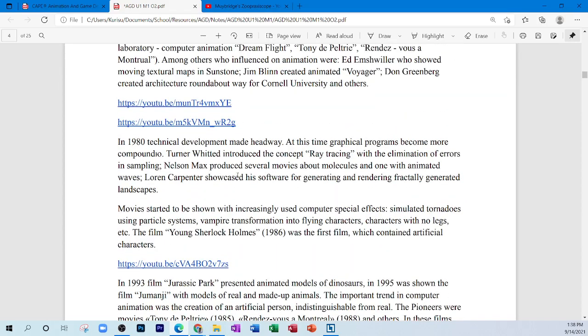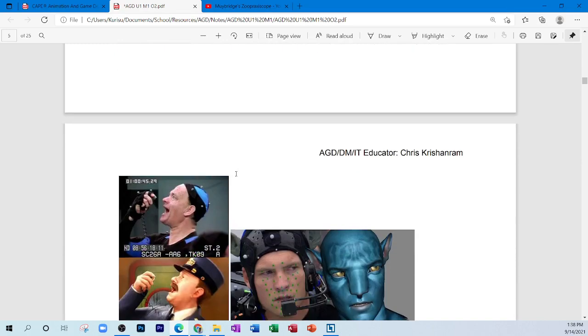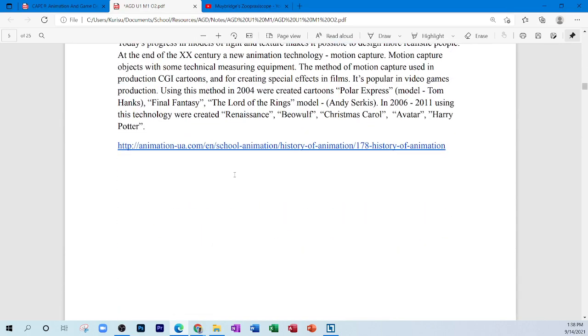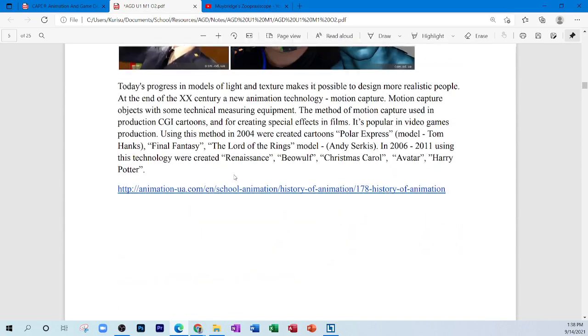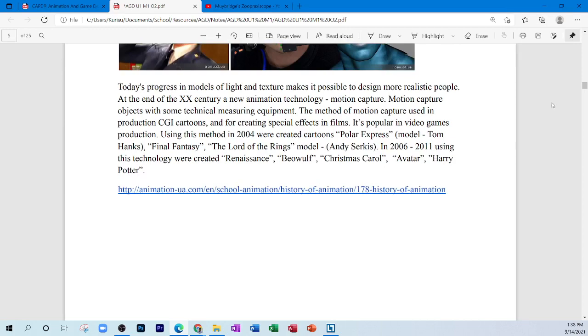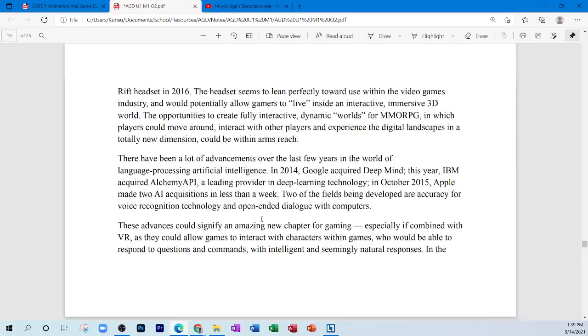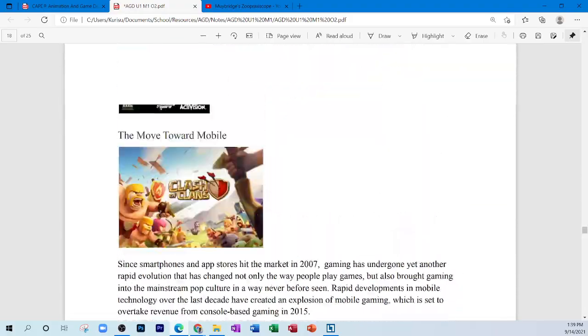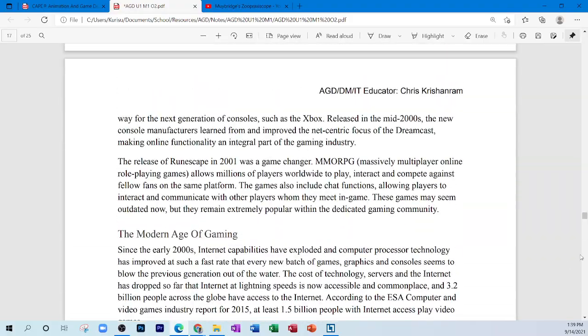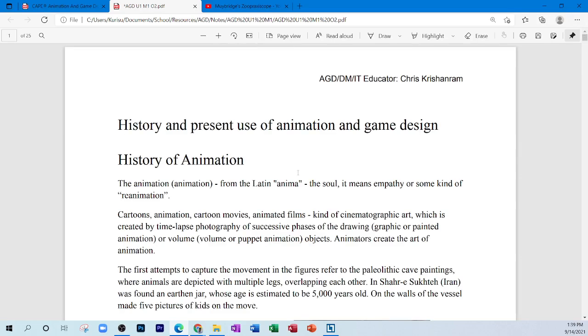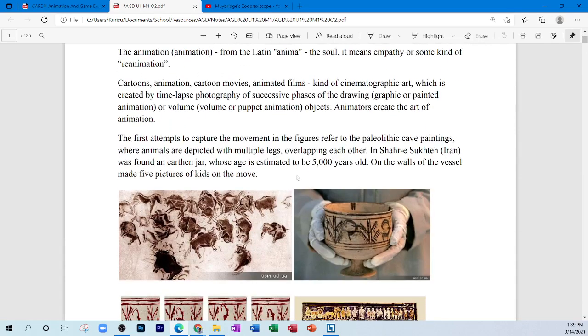We were using computers to draw, to digitize, to do our animations, 3D animation, CGI, and so on. So what is the future? We're going to discuss that. I think I have some notes on that towards the bottom for animation. What's the future for animation? So when we finish the game design, we're going to look at that.